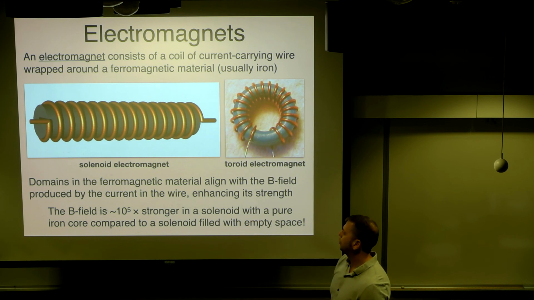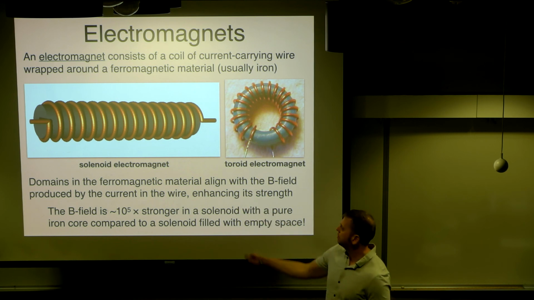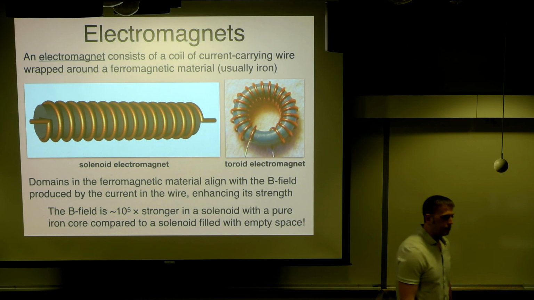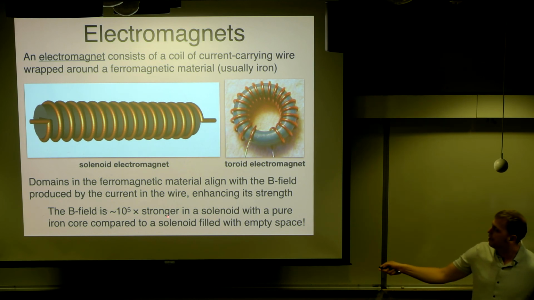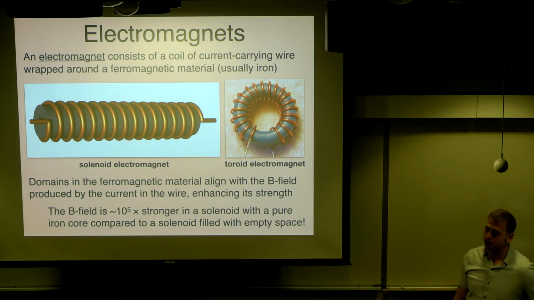In other words, we're enhancing the strength of the magnetic field by many, many orders of magnitude. It can be upwards of 10 to the 5 times stronger if you have a solenoid with an iron core compared to a solenoid just filled with empty space.